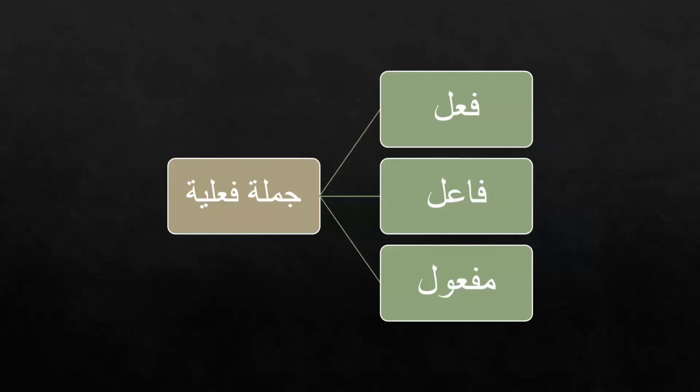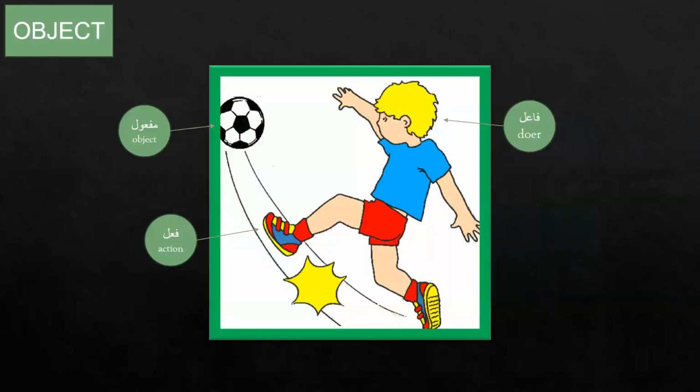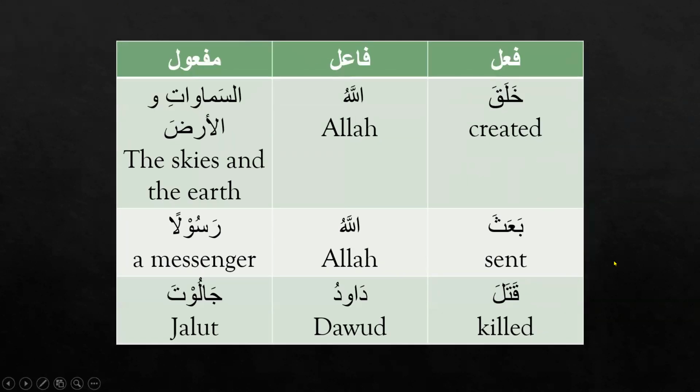Then we learned about the maf'ul, the third part of jumla failiya: fail, faa'il, and maf'ul. We learned that the maf'ul is the object of a jumla failiya. The faa'il is the doer, the fail is the action being done, and the maf'ul is the object.